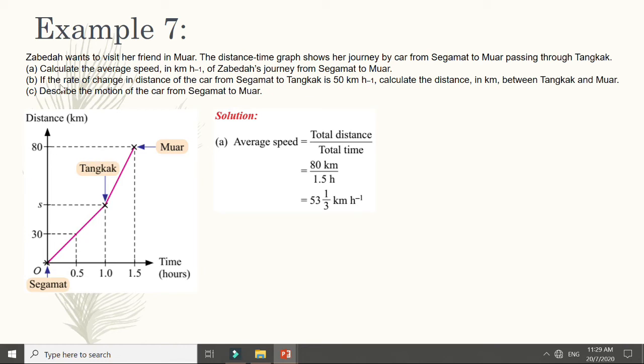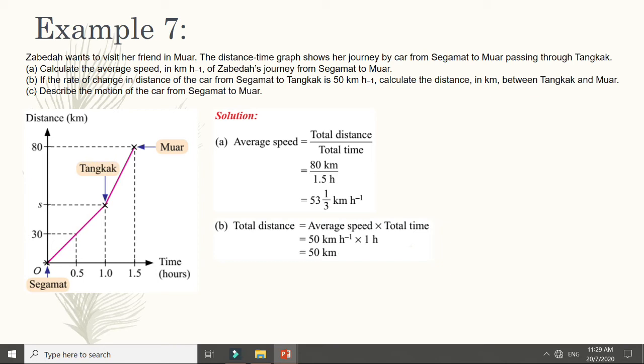Then B, if the rate of change in distance of the car from Segamat to Tangkak, here, is 50 km per hour, calculate the distance in kilometer between Tangkak and Muar. Here, Tangkak and Muar, you have to find the distance. So before that, we have to find the value of S over here, as you're given the speed already, right? Therefore, to get the distance, remember, distance is equal to average speed times total time.